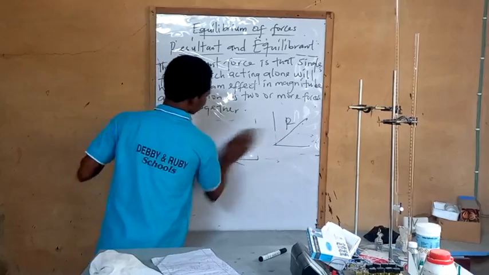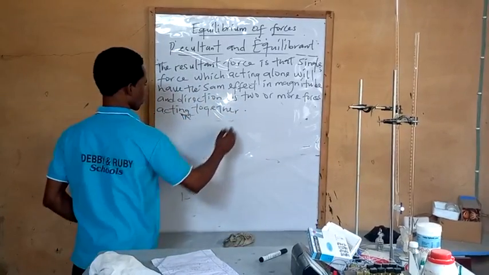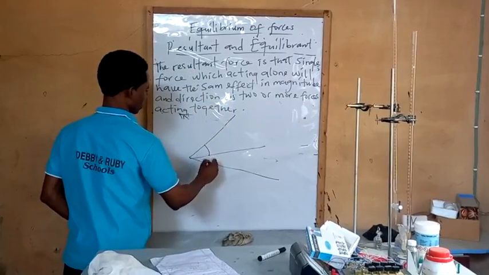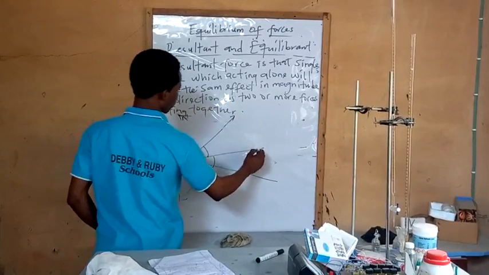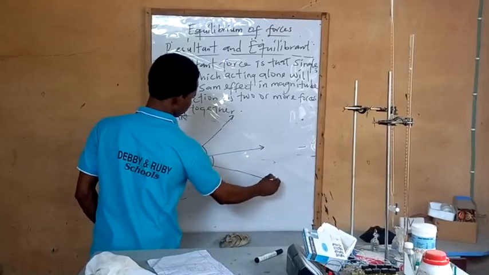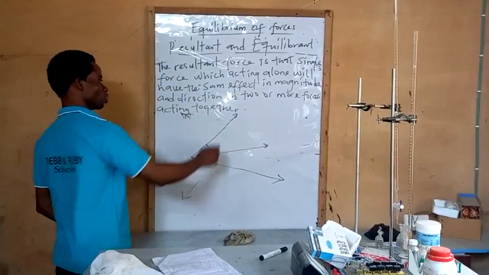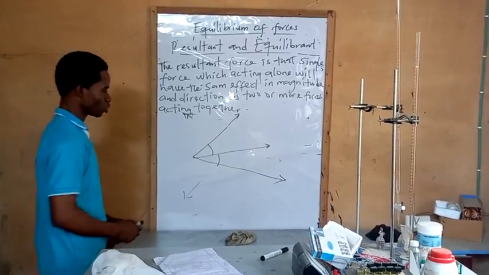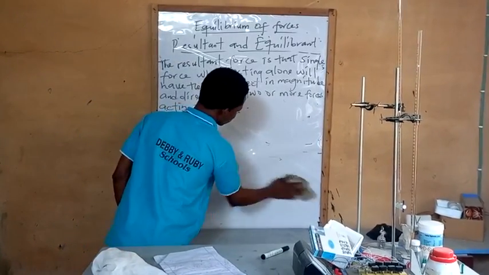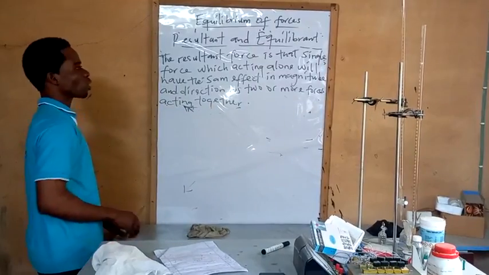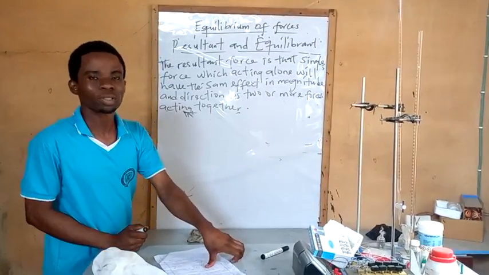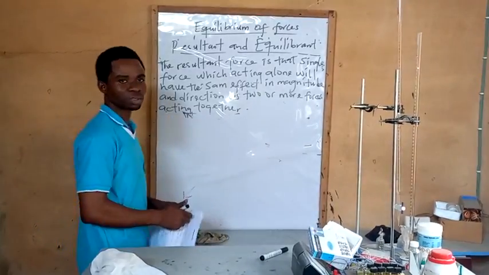We can have something like this; these can be vectors, so we are going to resolve it also to x. So the resultant is that single force, acting alone, having the same effect in magnitude and direction as the two or more forces acting together. Now, what is equilibrium?